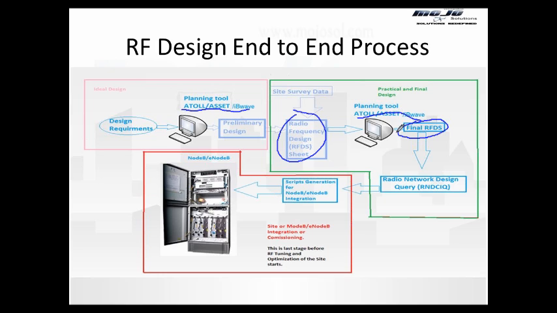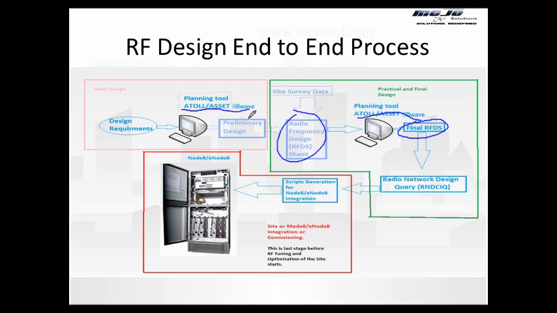So you have a bird's eye view of where we will be going. We have a preliminary design. We will be learning about ATOL and ASSET and IB Wave. IB Wave is used for DAS design, but also in a DAS system we still have a preliminary design based on the design requirements. When this design comes in, we have an RFDS based on that design, and then we put it in the planning tool again.